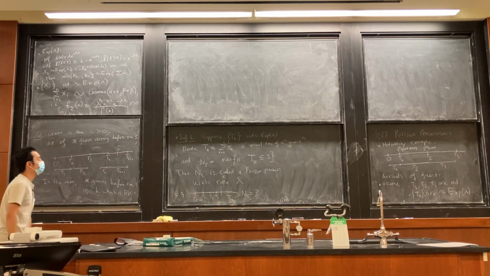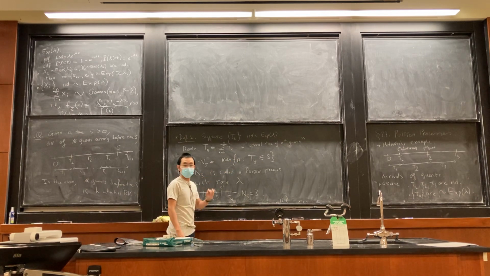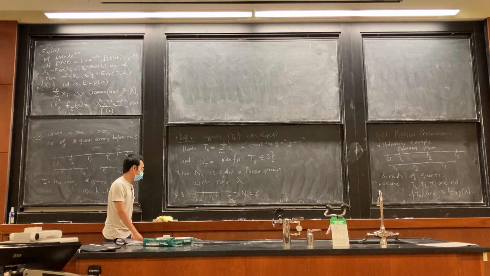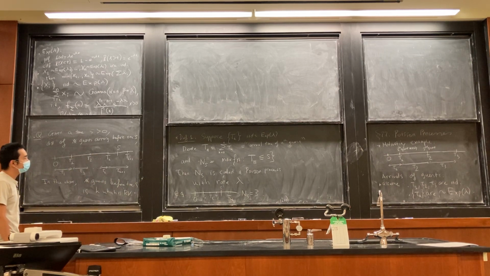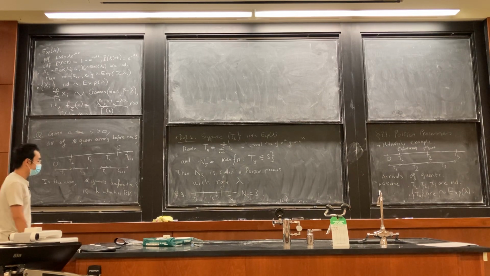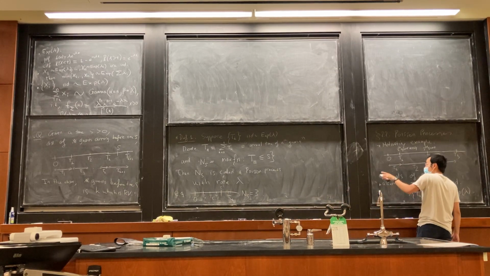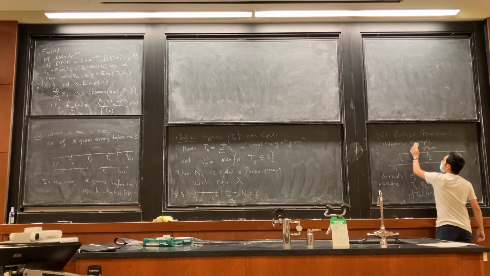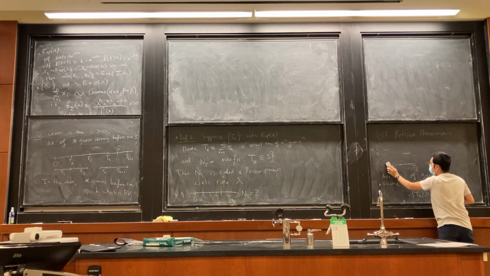So, why the name Poisson? That's because the distribution of N_s, under that assumption on the tau k, is actually a Poisson distribution.